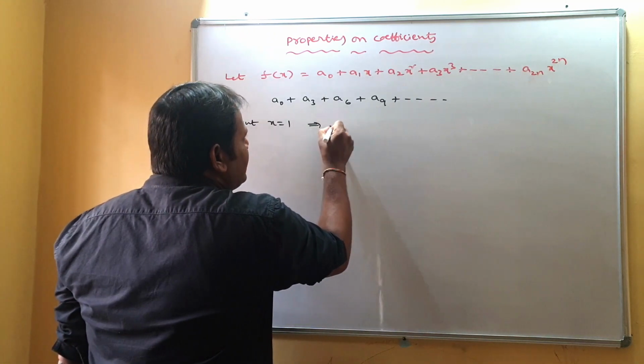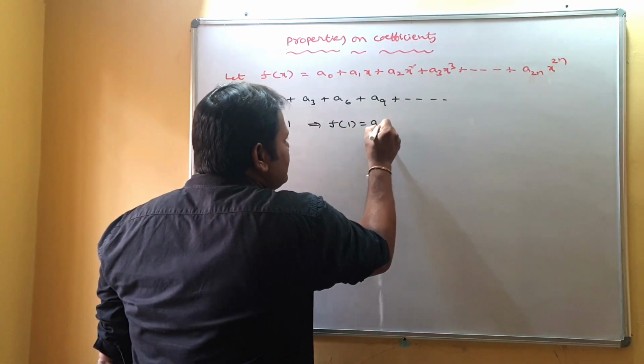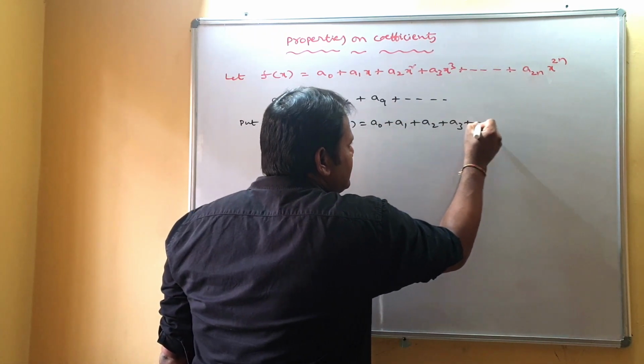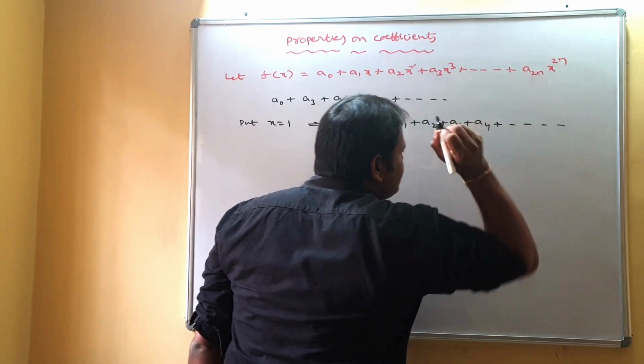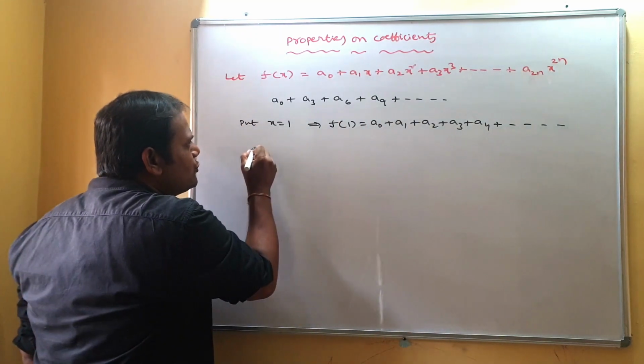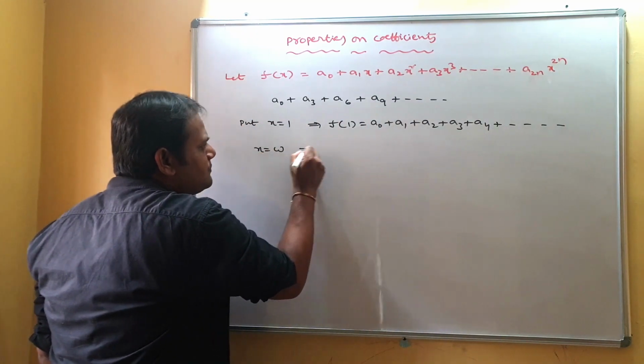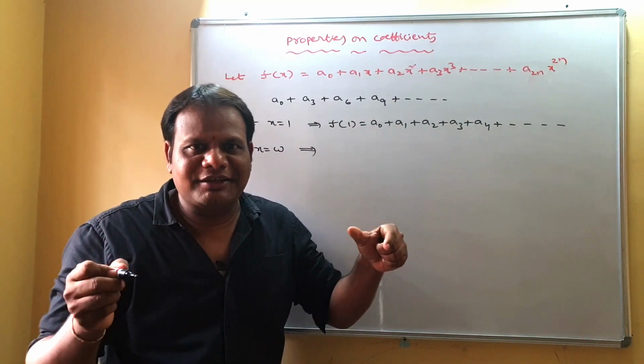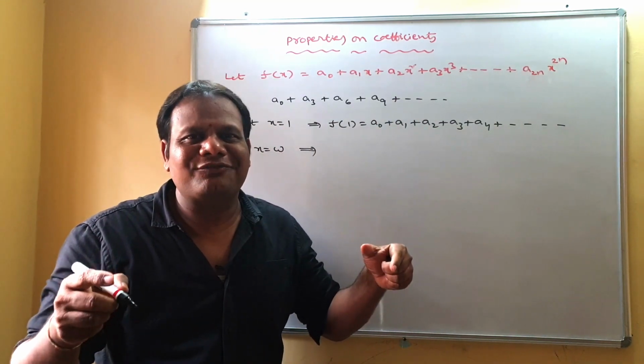Then what you get? F of 1 is a0, a1, a2, a3, a4 and so on. Now you take x equal to omega. Here all are multiples of 3, so you remember that. Take cube roots of unity.